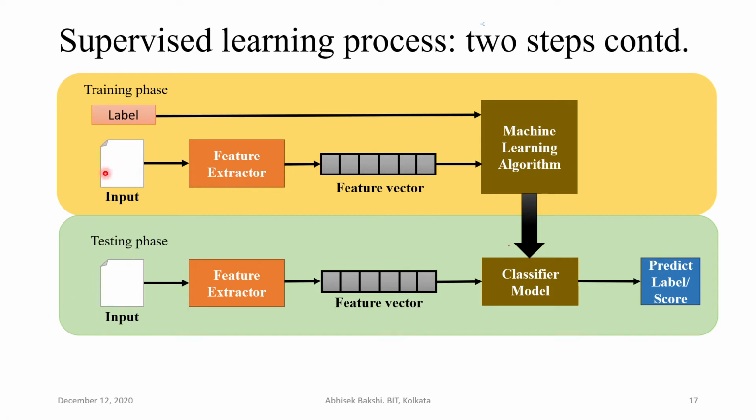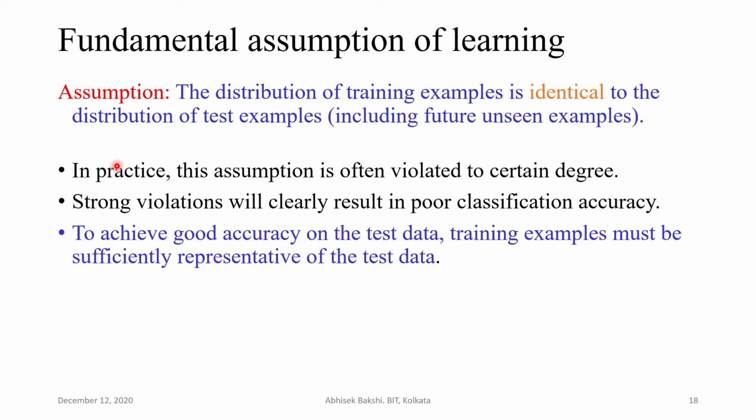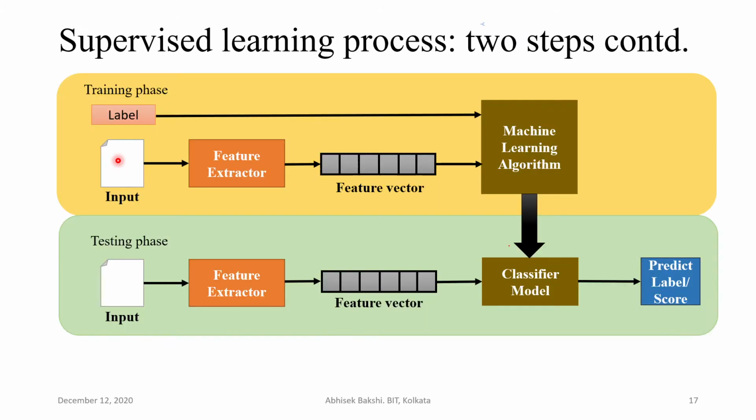So you see, this input data is nothing but the training data set which contains a lot of patterns with some features. So first thing is that you have to extract the features. This feature vector that we have already discussed in the previous class is actually input to the algorithm, along with the corresponding label of the data.